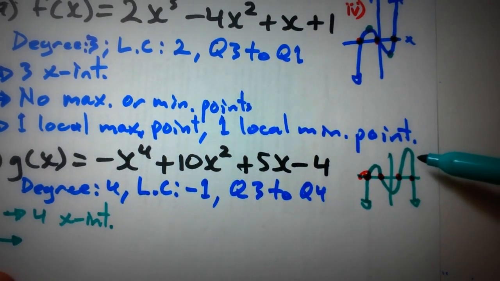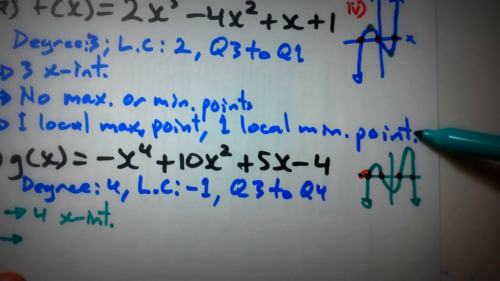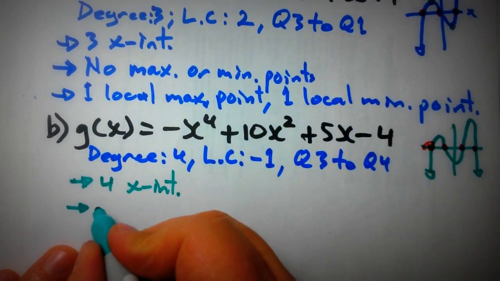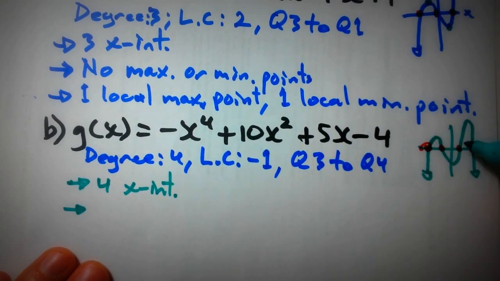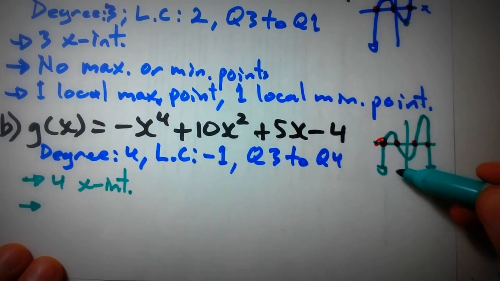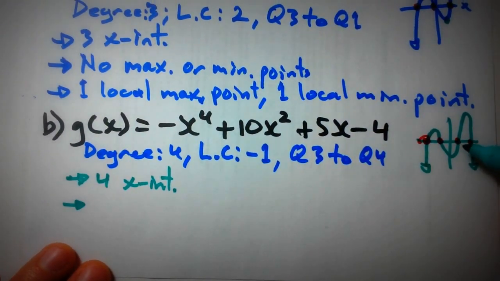The next one is, is there a maximum or minimum point? When we look at this graph, this happens to be the maximum point. Are there any points higher than this one? No. So actually this function does have a maximum point. So it has one maximum point. How about a minimum point? Well, this is a minimum point, but there are other points that are lower than that one, and these keep on going to infinity. So there's no minimum point.